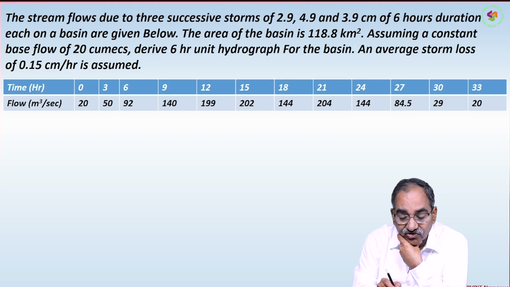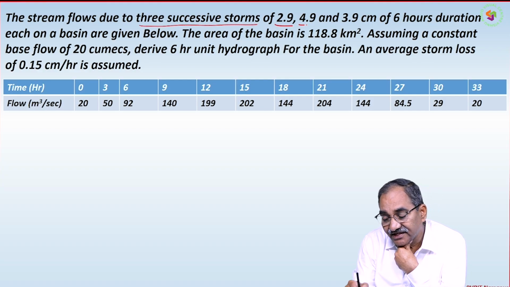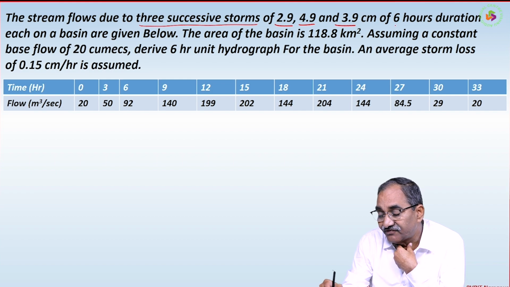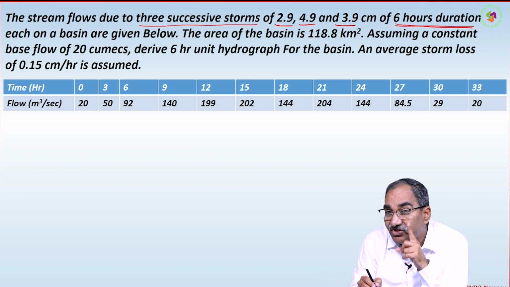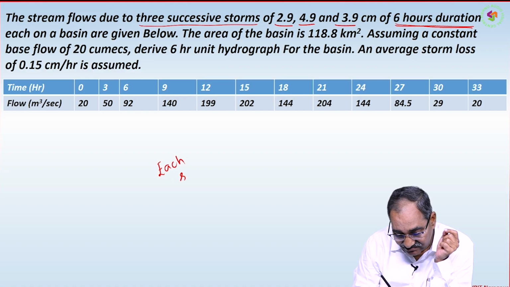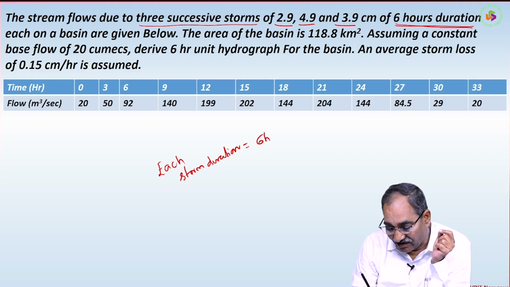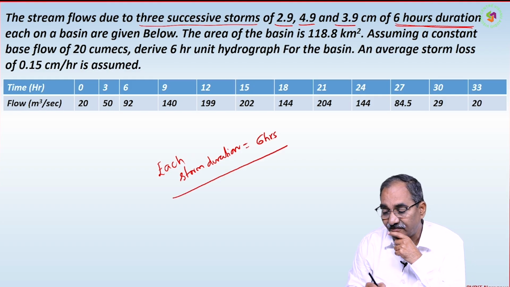The stream flows due to 3 successive storms of these centimeters of 6-hour duration. Each storm duration is equal to 6 hours. Please note it.